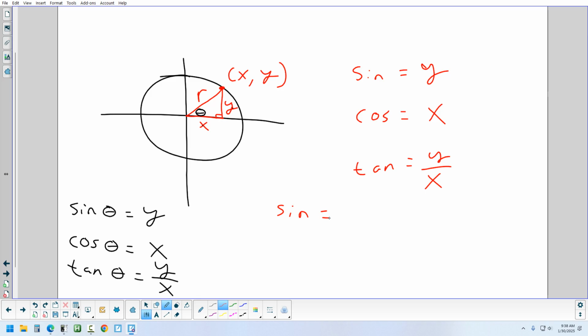What do you think the formula for sine would be based on using what we just learned about right triangles in that diagram? Yep. Y over r. How about the cosine? Yep. X over r. And the tangent? Yep. Still y over x.